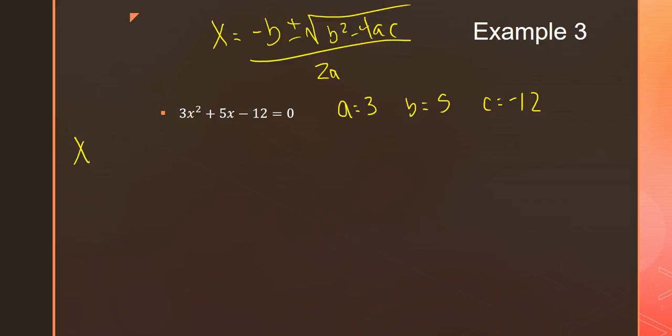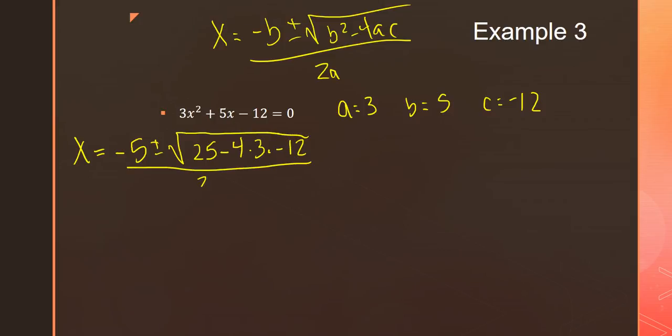So I can substitute all my numbers in. So negative b, that'd be negative 5 plus or minus the square root. B squared is 25 minus 4 times a, 3 times c, negative 12, all over 2 times a, or 2 times 3. So x equals negative 5 plus or minus the square root.